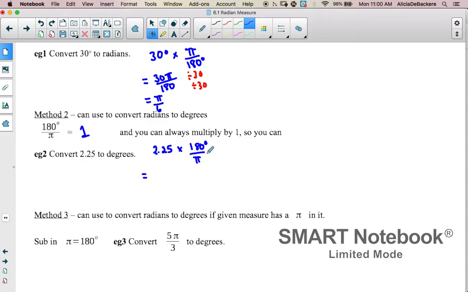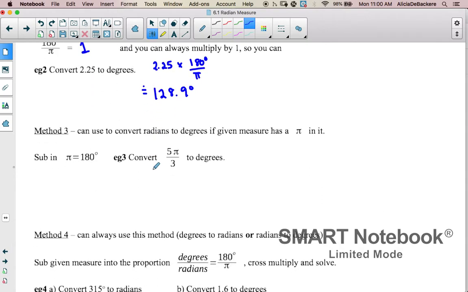Usually on the test or in the future, or in your textbook, you'll see them ask you to round to the nearest tenth or the nearest hundredth, something like that. I'm going to round to the nearest tenth, so that's 1 decimal place. So I'm just typing this into my calculator as 2.25 times 180 divided by pi, using the pi button on my calculator. And I come out with about 128.9. And again, it's degrees because the radians canceled out.